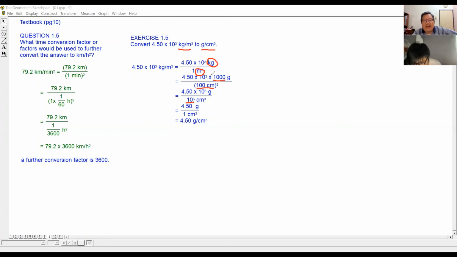When you multiply these two numbers together, 10 to the power of 3 with 1,000, you also get 10 to the power of 6. Now, earlier on, when you square, you have to square the numbers. Now when you cube, you also have to cube the number, right? Okay. So the 10 to the power 6 and 10 to the power 6 can cancel off. Finally, you still have the same number, 4.50, right? Okay.